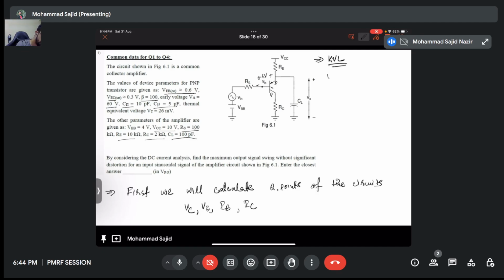So we start with VCC minus the current flowing through RE, which will give a potential drop of IE times RE, minus VEB. Okay, and we will have base current IB such that the potential drop will be IB times RS, and it will be equivalent to VBB.